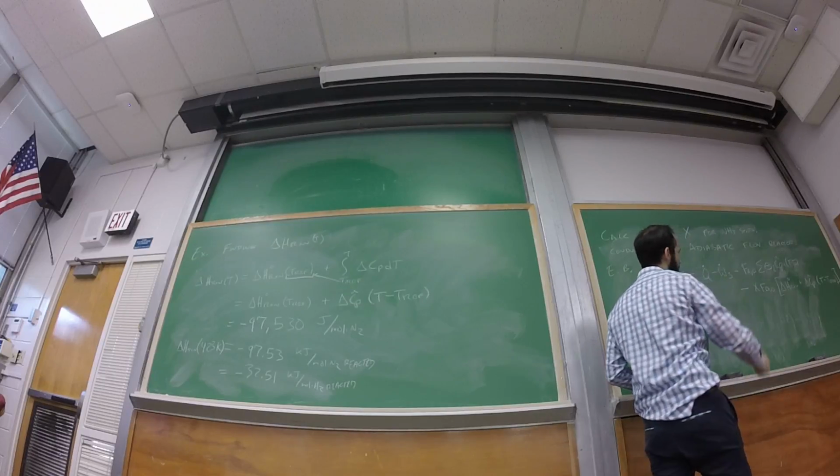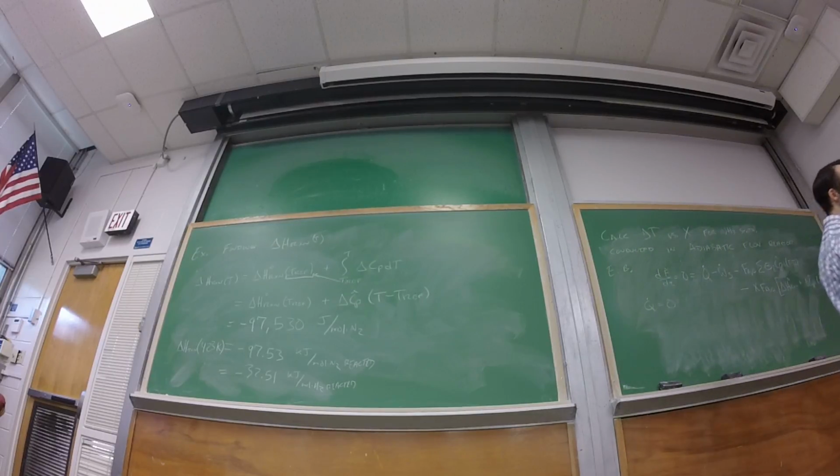What about shaft work? I just said adiabatic flow reactor. I didn't say what kind. What do we do with that? If it's a CSTR, then there is an impeller. If it's a PFR, there's not. So do we just assume it's a PFR? No. We could leave it in, but does an impeller provide a lot of energy to a system compared to a reaction?